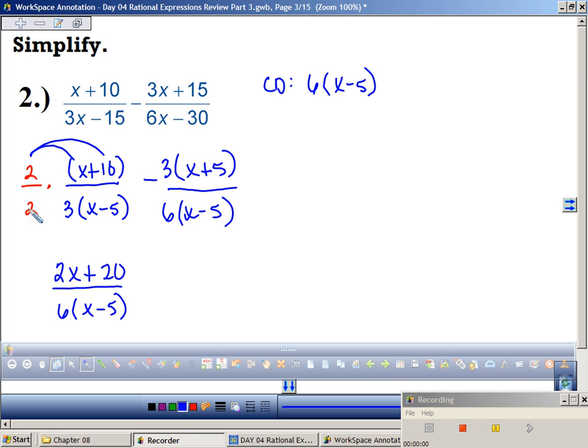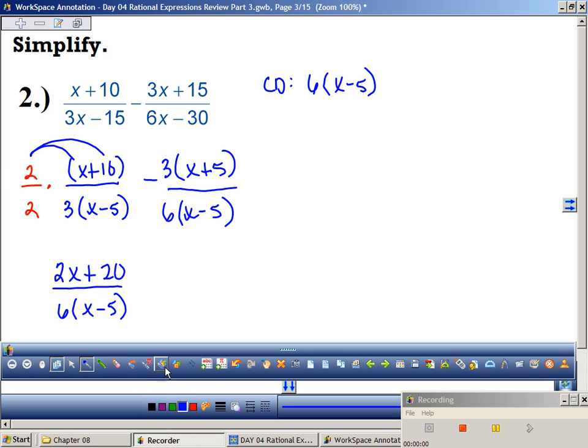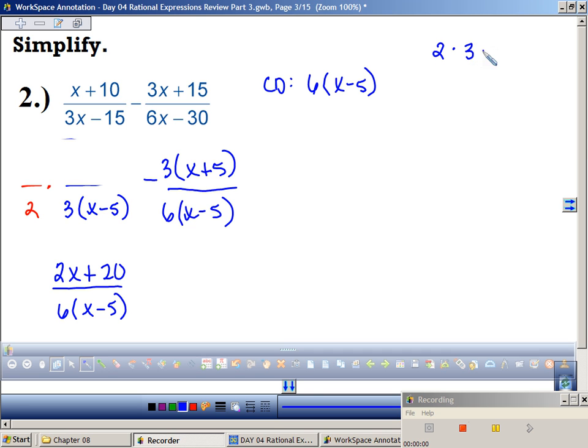Somebody said, why don't you give the 2 to everybody? 2 to the 3, 2 to the x, and 2 to the 5. You're not distributing after that, and it's the same thing as saying this. You're really saying this is multiplication, right? Pretending like you can't even see this. Multiplication, correct? Let's make it more simple. If we just had this, couldn't I say 2 times 3 times x minus 5?